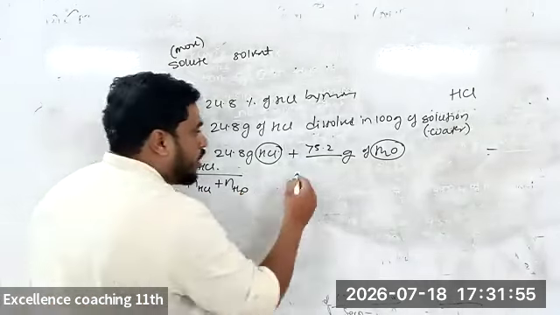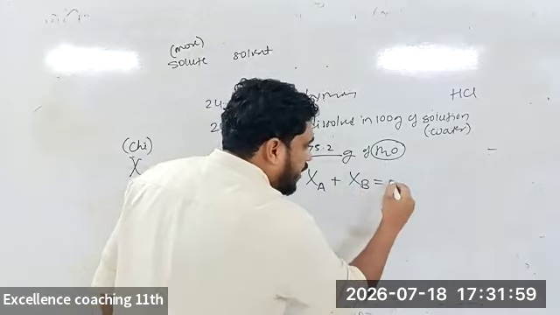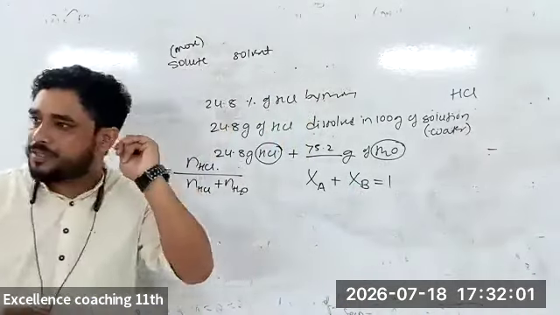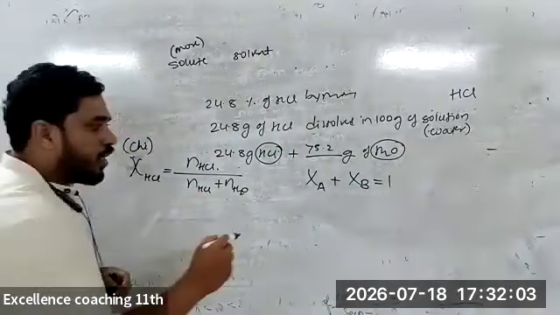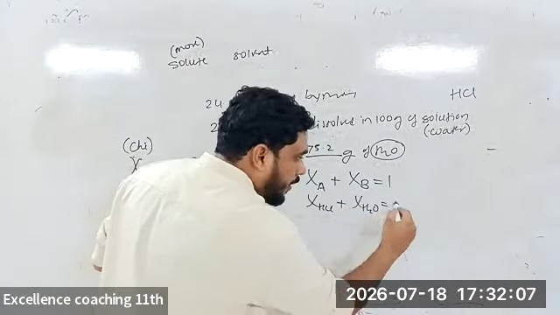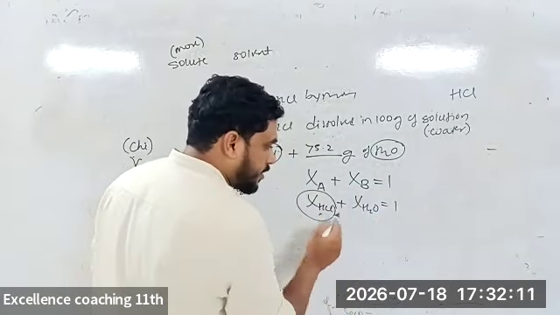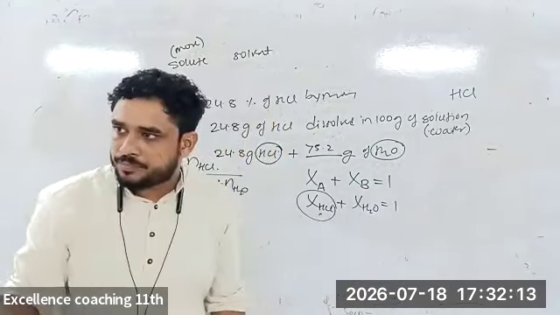Clear? Now, chi of A plus chi of B is equal to 1, this is for two components. So chi of HCl plus chi of H2O will be 1. So if I can find for HCl, I will get for water easily.